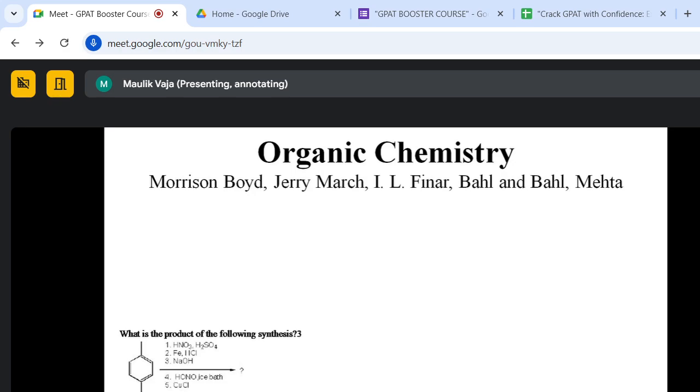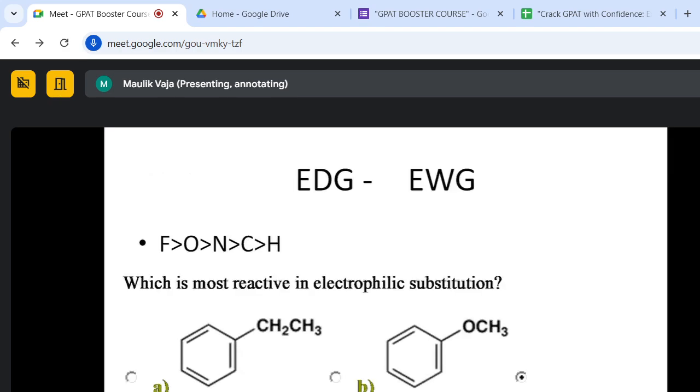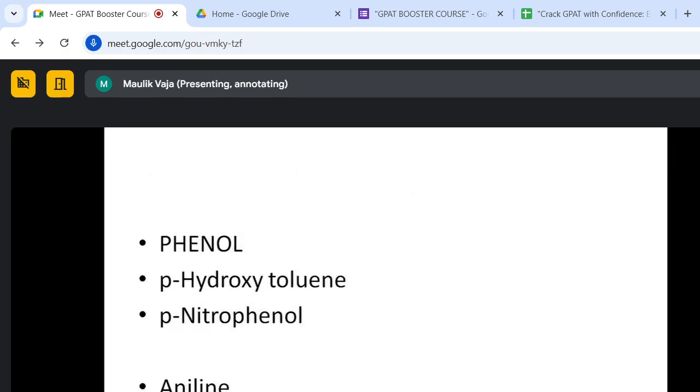Conjugation means alternate single bond, double bond, or lone pair of electrons. If conjugation is not there, it will be non-aromatic, and if conjugation is there, it will be anti-aromatic or aromatic.